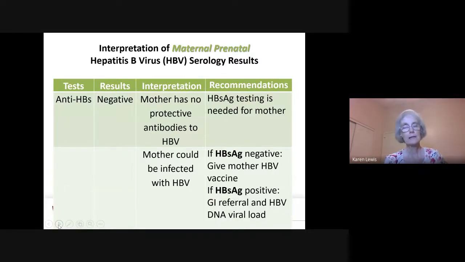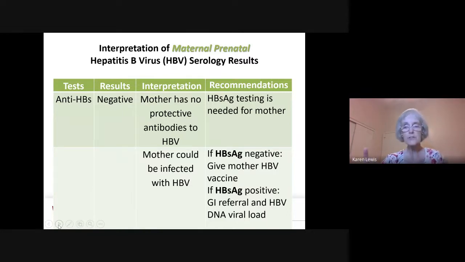So all moms need testing for that surface antigen because that tells you that the mom's infected and that you need to give the child HBIG and hepatitis B vaccine within 12 hours. But if the mom is surface antigen negative, then she needs a vaccine.